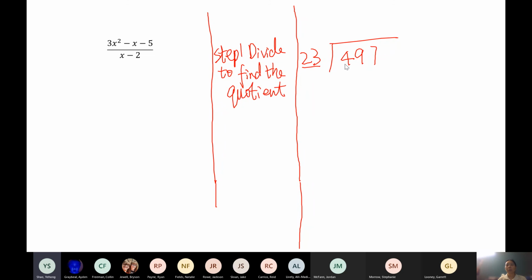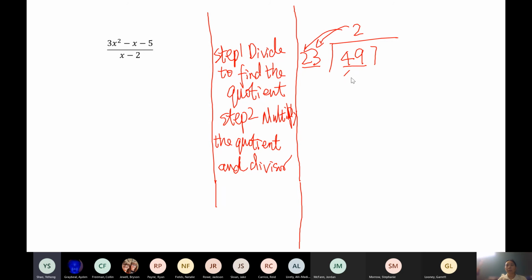We divided 4 by 2 to get 2. And step 2, we multiply the quotient and this divisor here, the number in the front. So we do 2 times 3, 2 times 2, 46. And the final step is to subtract the numbers you line up to get 3. And then you bring down whatever you have and repeat the process again, divide.